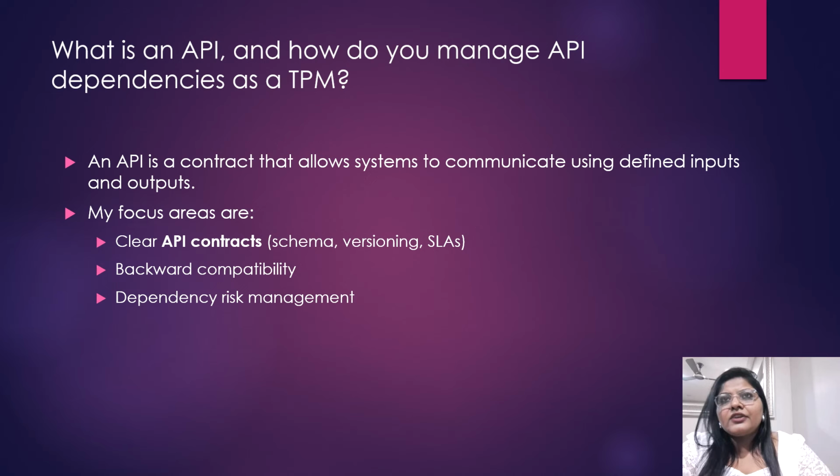If it is not an SLA, if it is like the ACK, NACK, how are we going to get it? All those definitions. The next is backward compatibility. Suppose a new API would come and break all of the systems which are on the older API. That should never be the case unless declared. That is the next thing which I definitely check.